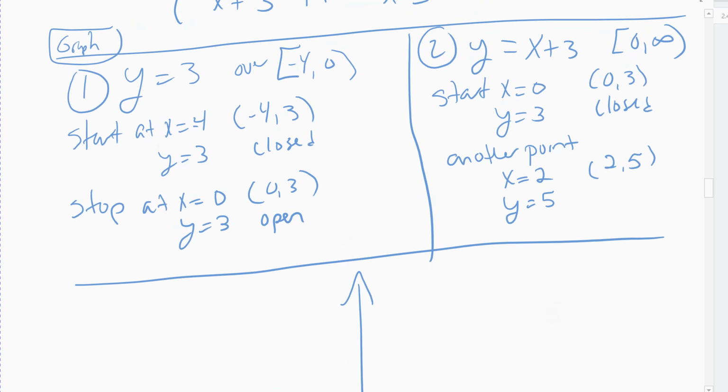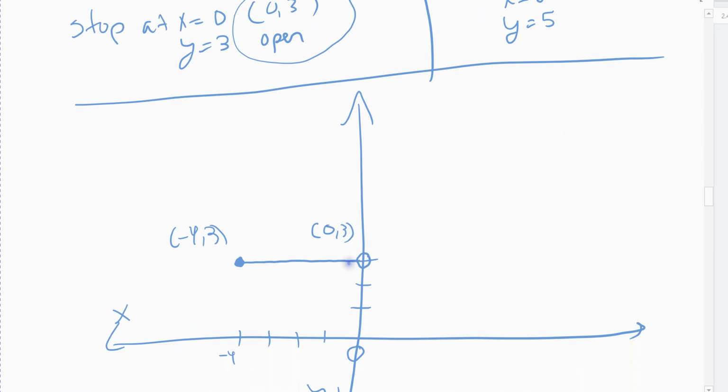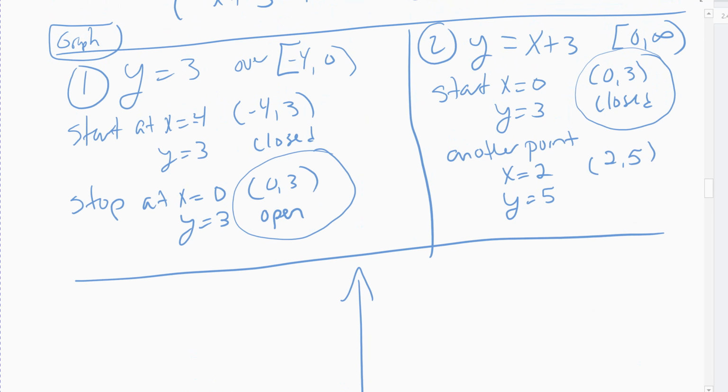Now the second piece, and this is where we're going to again talk about continuity. The second piece starts where the other one ended, right? This one stopped at 0, 3. This one started at 0, 3. And so what happens when I graph it? When I start my next function, it starts here, and I actually get to fill this dot back in because this function starts there, and it exists, and it's closed.